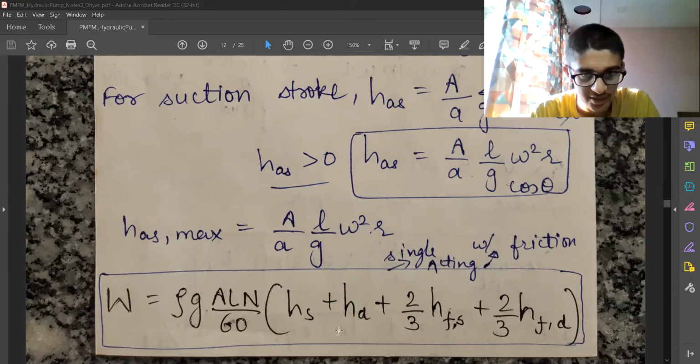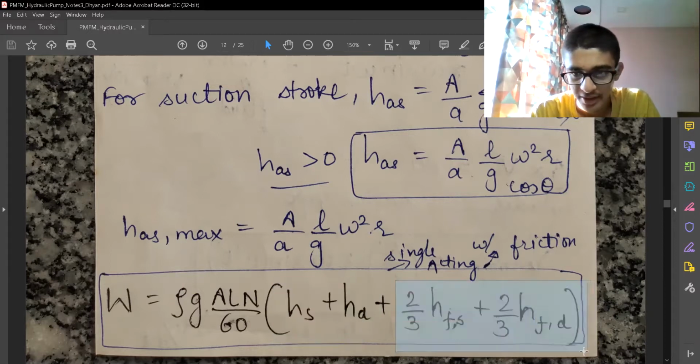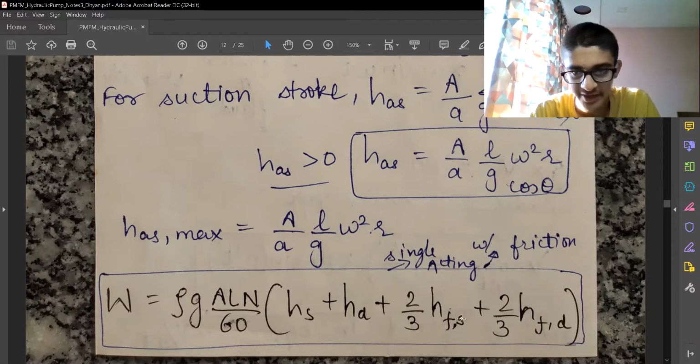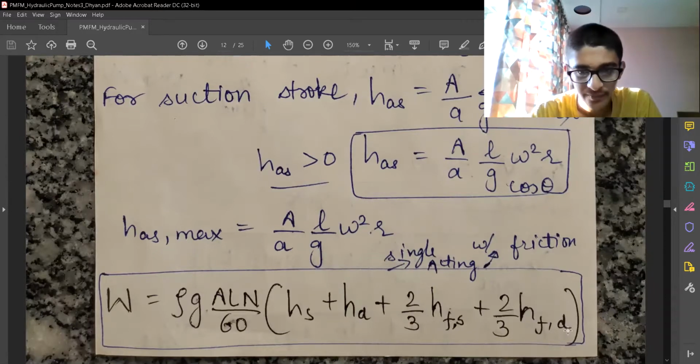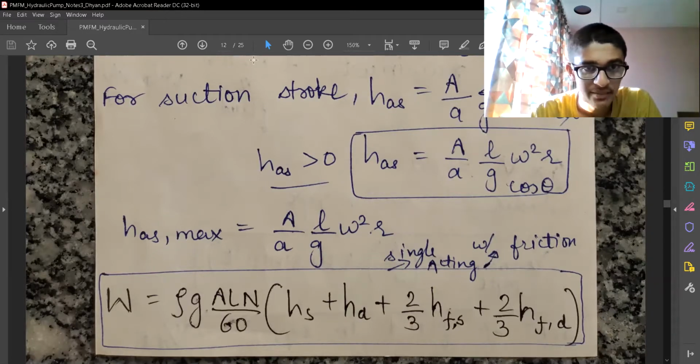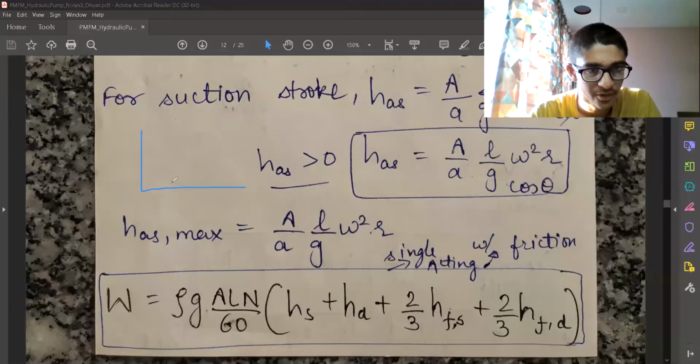Earlier we had HS and HD. Right now we have introduced two more terms: 2/3 of the head loss due to friction in suction, and 2/3 of the head loss due to friction in the delivery line. The 2/3 factor comes from the area of a parabola.